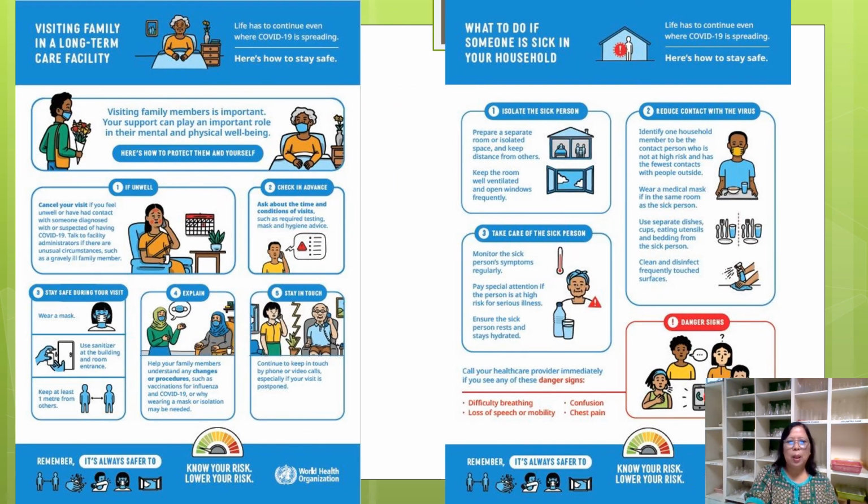Okay, these are usual posters that we see in order to prevent infection. There are some measures that we should consider if we visit a family member in a hospital or in a facility. And then the second poster will show you what to do if someone is sick in your household.